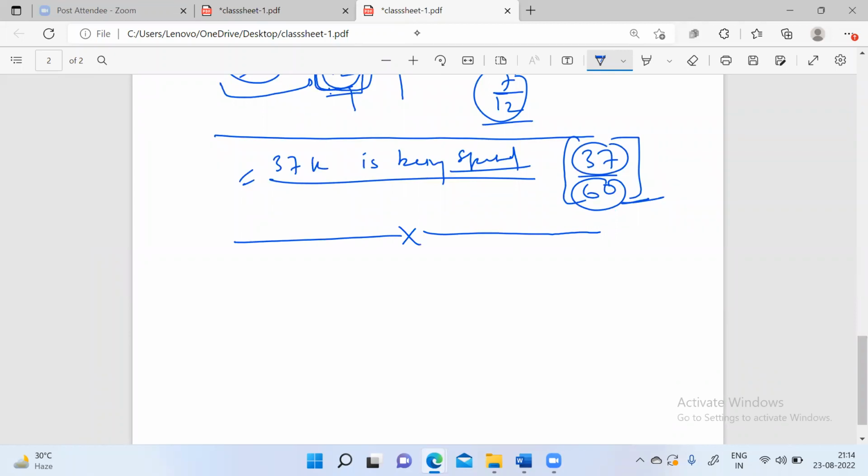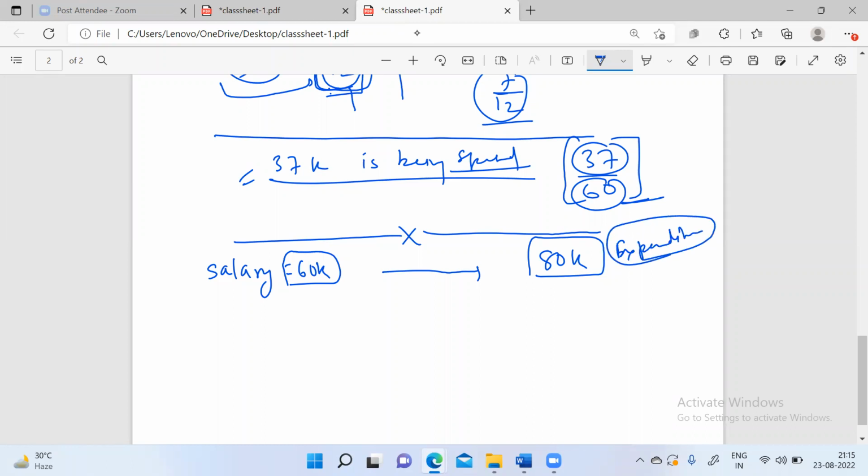Like in this case, if your salary is 60K and you are spending 80,000 in that month, how is it possible? Because this is the age of credit cards and everything. You can take things on credit card. So in some month you might spend more than your salary.